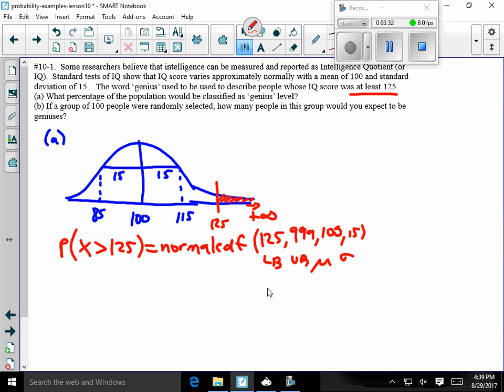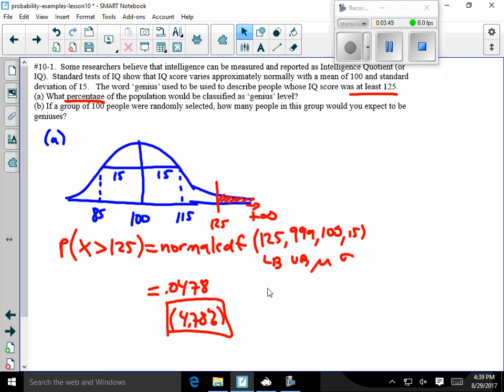So this probability would be 0.0478, which is about 4.78%. It did ask us for a percentage, so I'll report that as a percentage. 4.78% of the population are considered geniuses, assuming the population follows this normal curve as described.